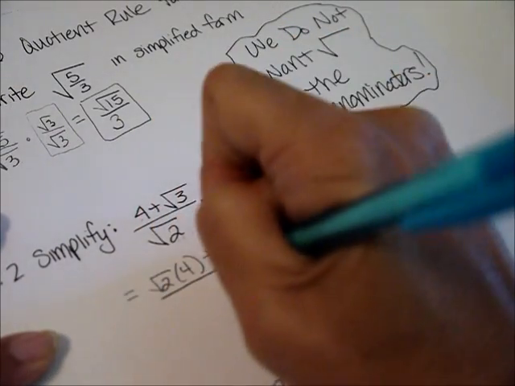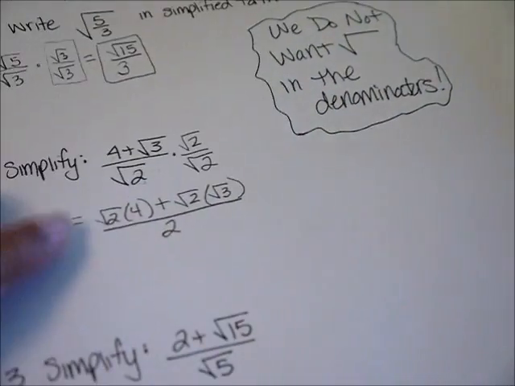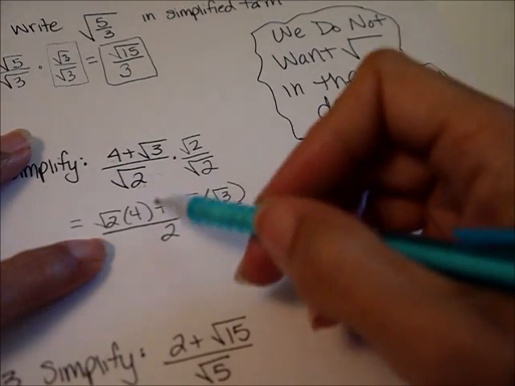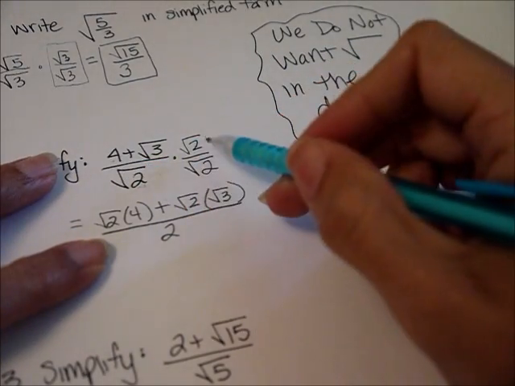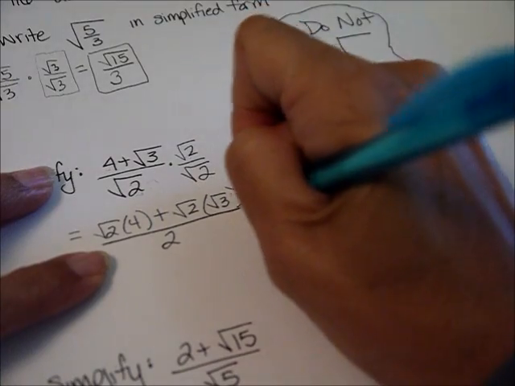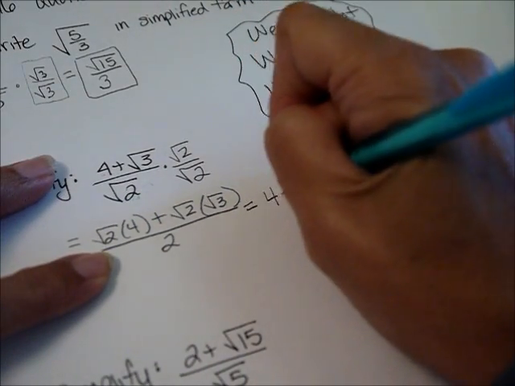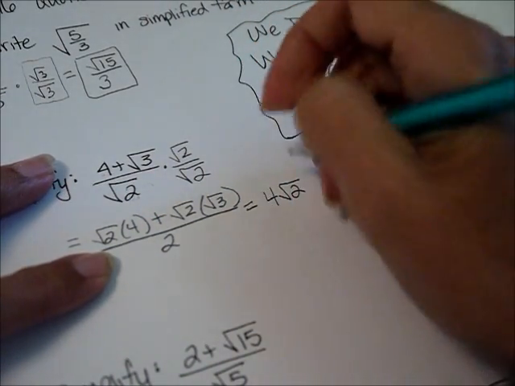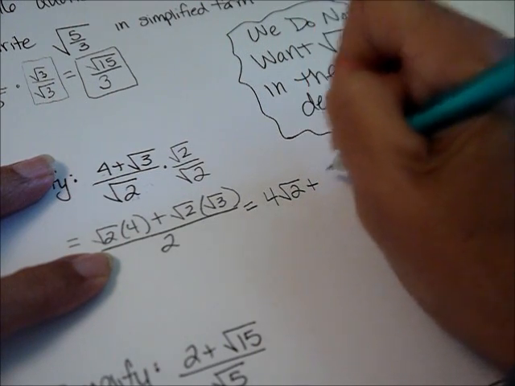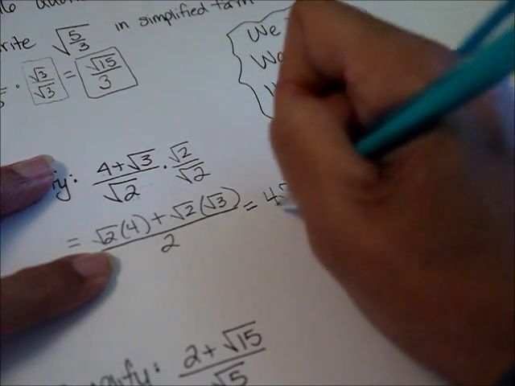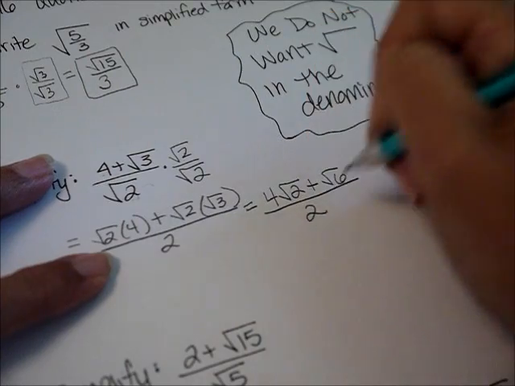All over, now the 2 drops out, so that part's easy. So this is not simplified yet. So I took the square root of 2, multiplied it by 4 and times 3, and I'm going to go ahead and simplify that. That is 4 root 2 plus square root of 6 all over 2.